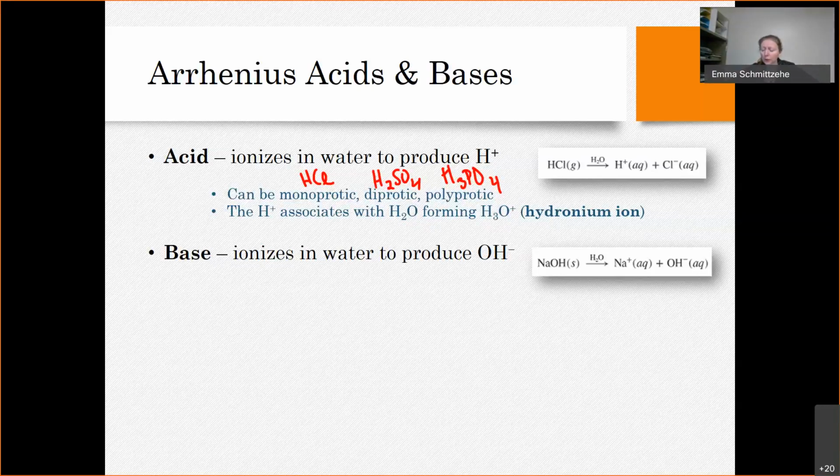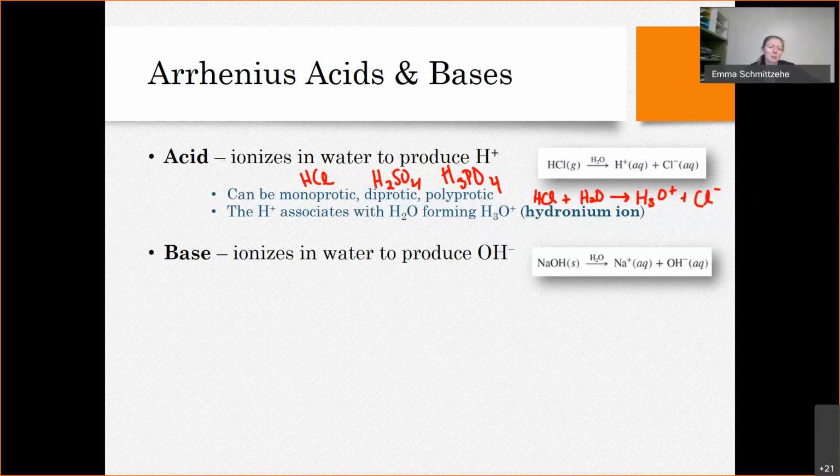Now with this, one other thing that it's good to know is that even though I wrote that first reaction, HCl going to H plus and Cl minus, a lot of times, instead of writing H plus, we'll write H3O plus. So I could write the reaction instead as HCl plus H2O, showing it actually interacting with that H2O, and say that it forms H3O plus and Cl minus.